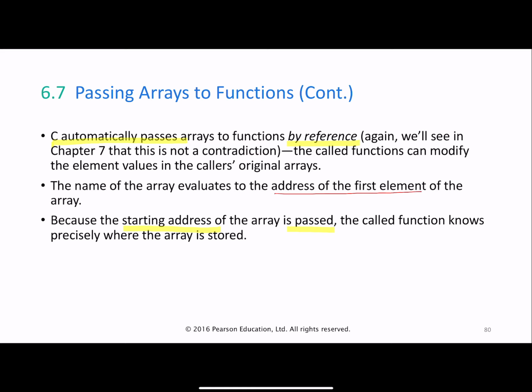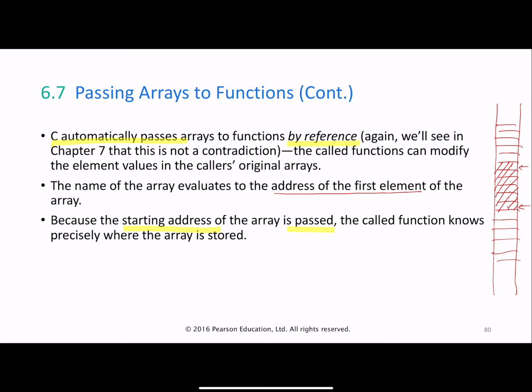Instead, if you imagine, once again, this being the memory of your system, and let's say the array we are dealing with takes up these memory locations, starting from here, ending over here. And in this example over here, we have 1, 2, 3, 4, 5, 6 elements in this array.